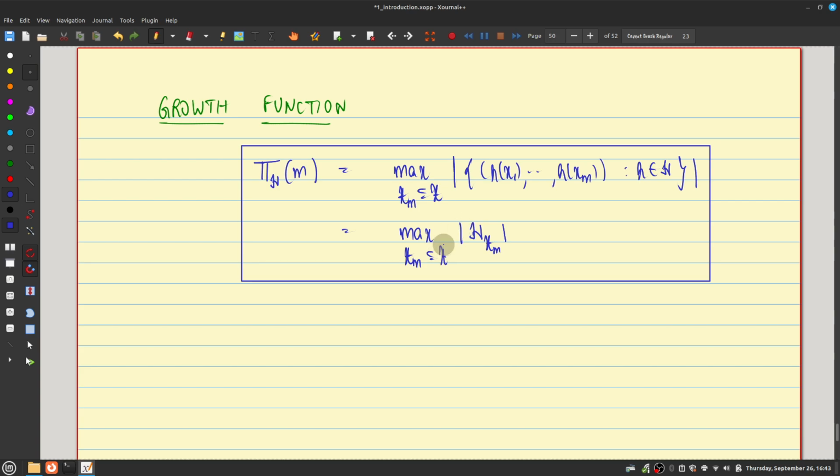So this is a function of m. It gives the size of the largest restriction of h to subsets of size m.